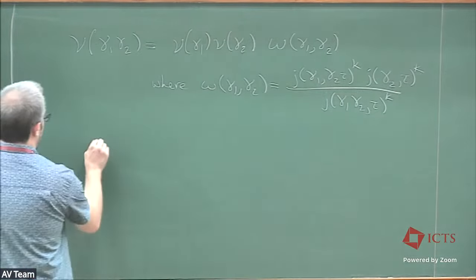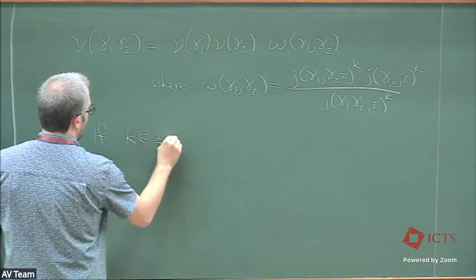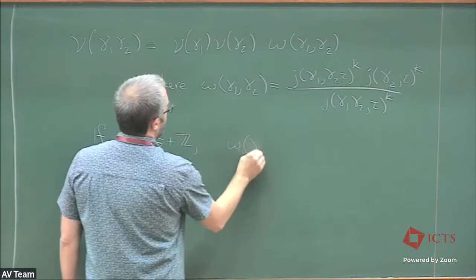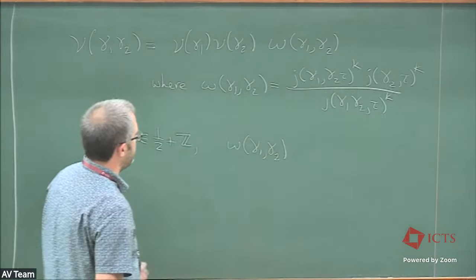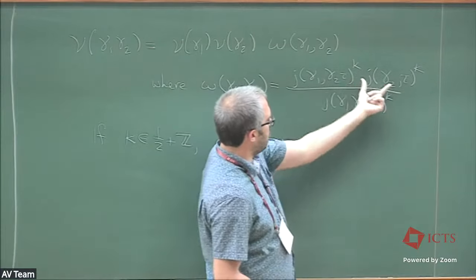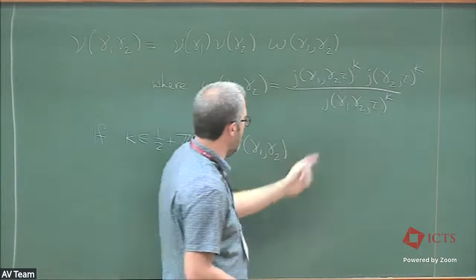And so if k is half an integer, then it turns out that this omega of gamma 1 gamma 2, well, it's not too hard to see that if you square this whole thing, it's not too hard to compute algebraically that this just has to be 1.